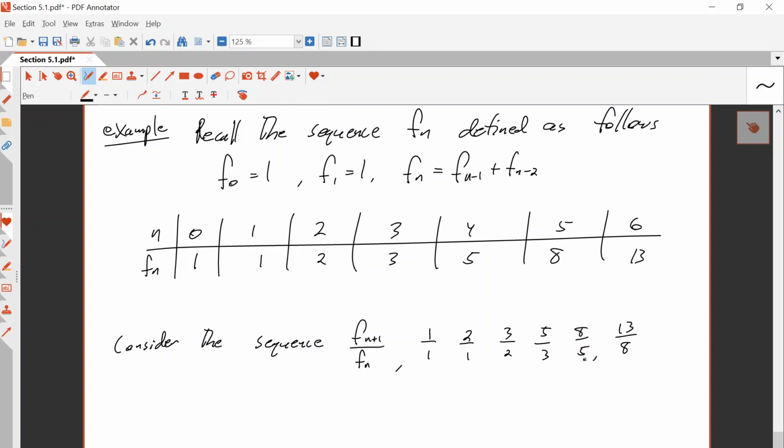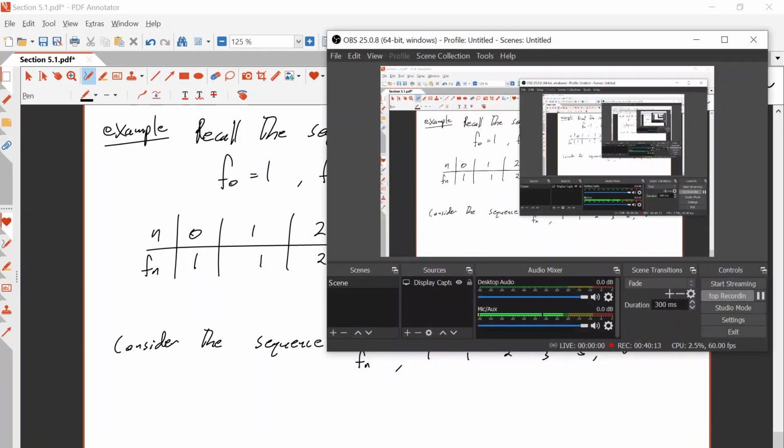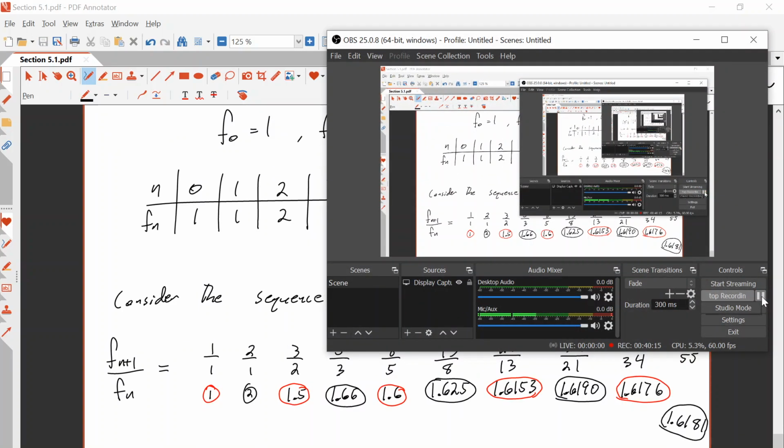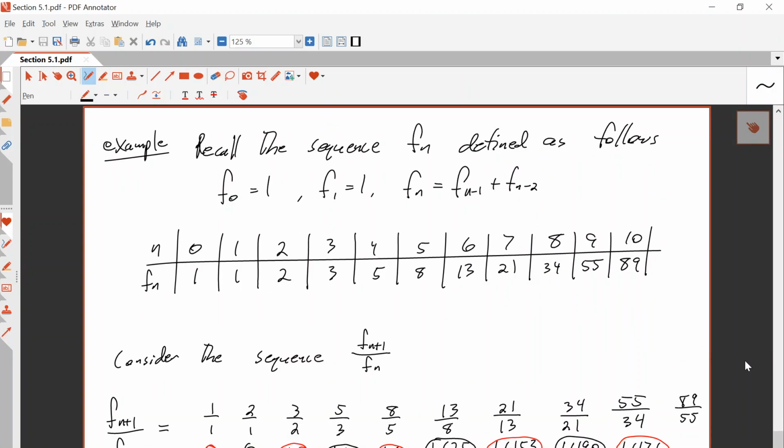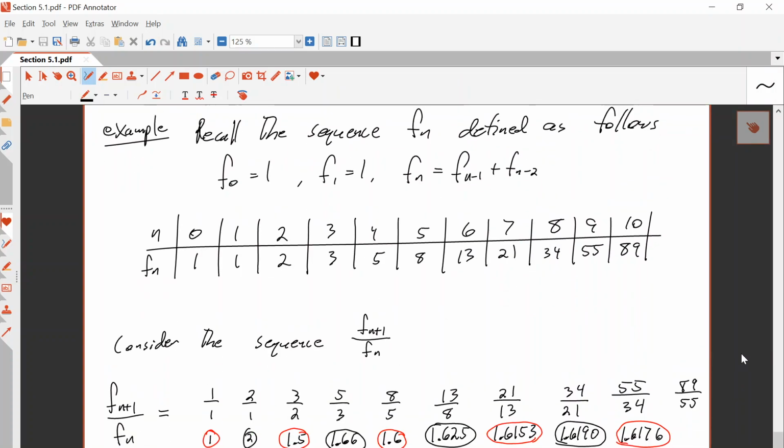Oh, this is not an example of one that is strictly monotone. All right. So, not strictly speaking a monotone sequence, but here we see something close to it.